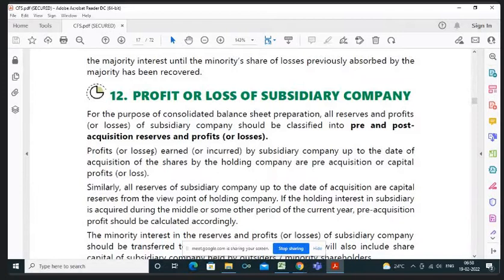For 12 months, we have got 120, so per month, 10. In this total 120 profit, pre-acquisition will be 30, post-acquisition will be 90, because the date of acquisition is 1st July. So 3 months before acquisition, 9 months after acquisition. That's how we split the current year profits into pre and post acquisition profits.